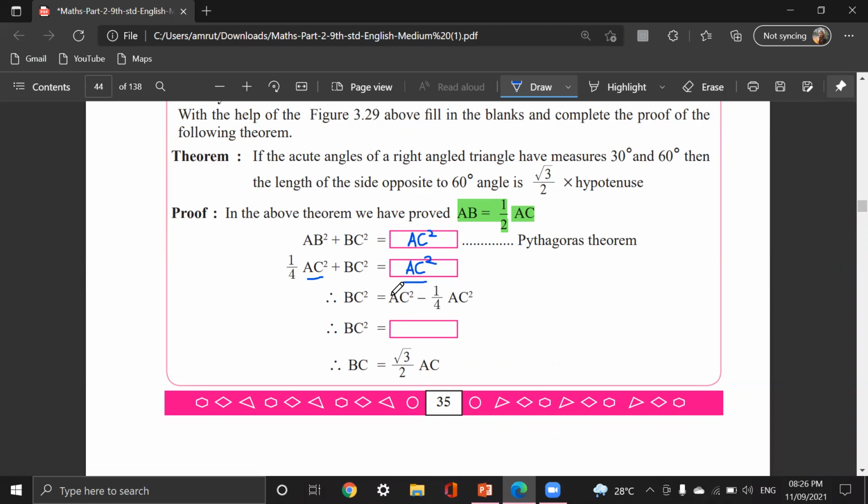So in front of this AC, we have 1 because there is no coefficient in front of it, so we consider it as 1. And in front of this AC square, we have 1/4. So 1 minus 1/4 you have to do.